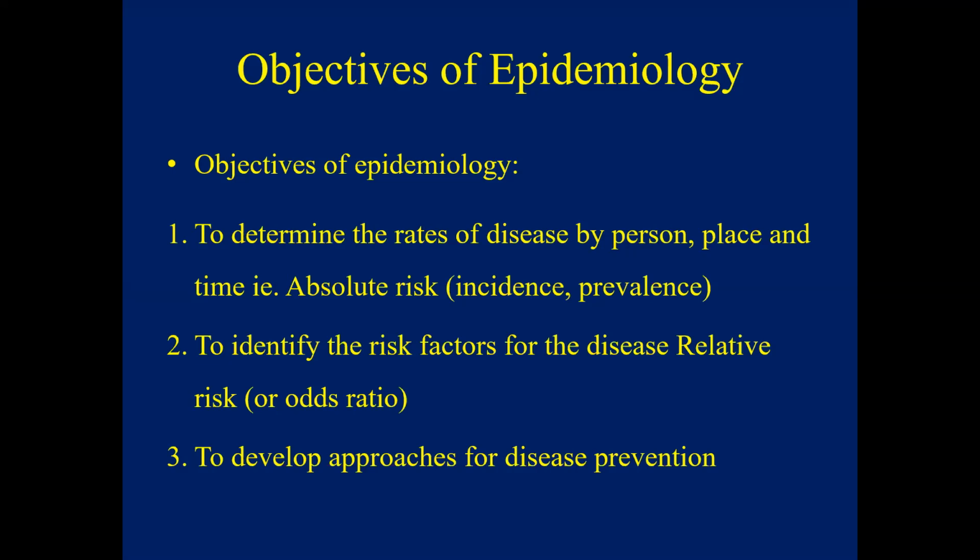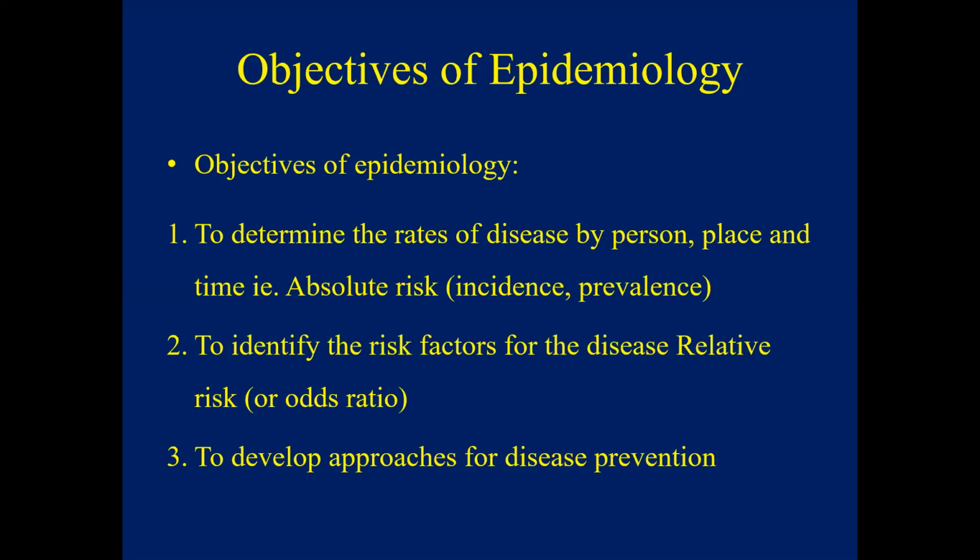This actually helps in finding out the different approaches for disease prevention. These measures are very commonly used in any journal, in any small study or large study, and hence it is very important to understand how they are calculated and what the interpretation of these terms is.